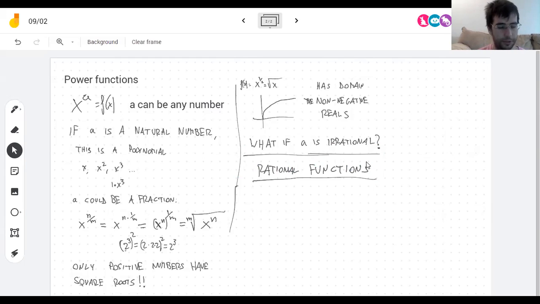Rational functions are what you get from doing those 3 things: adding, subtracting, multiplying, and also dividing. So when you do all those things, you get functions that look like a polynomial divided by another, where these two are polynomials.